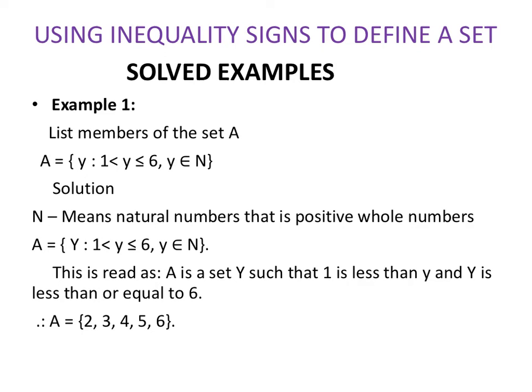So that means y lies between 2 and 6. This is read as A is a set of y such that 1 is less than y, and y is less than or equal to 6. Therefore, A is equal to {2, 3, 4, 5, 6}.